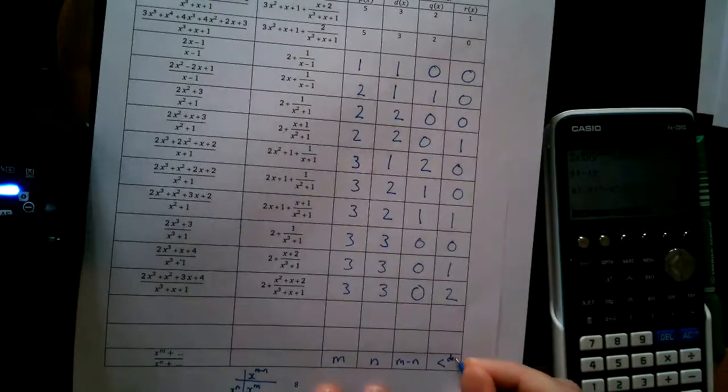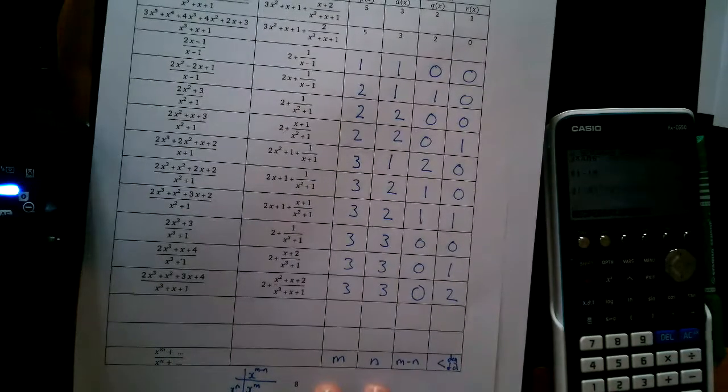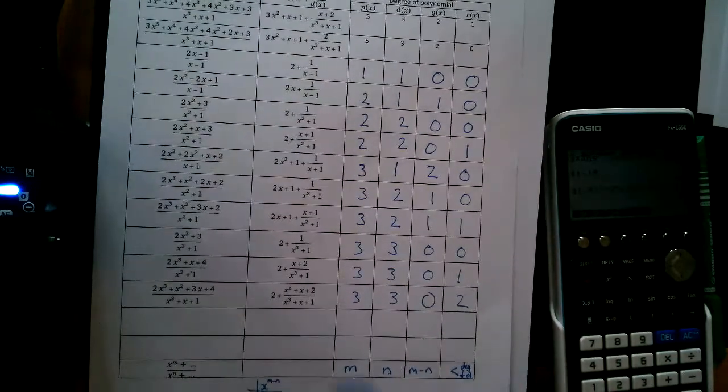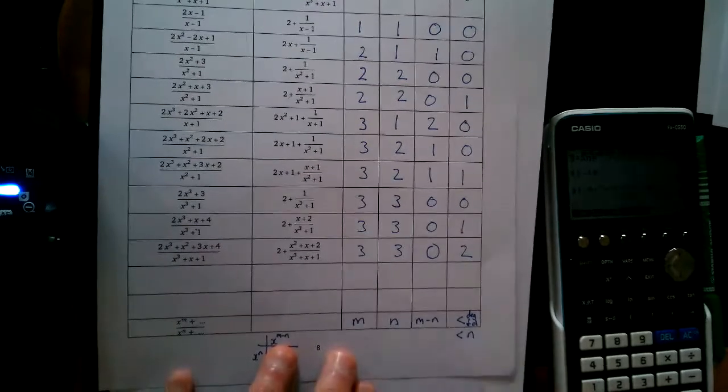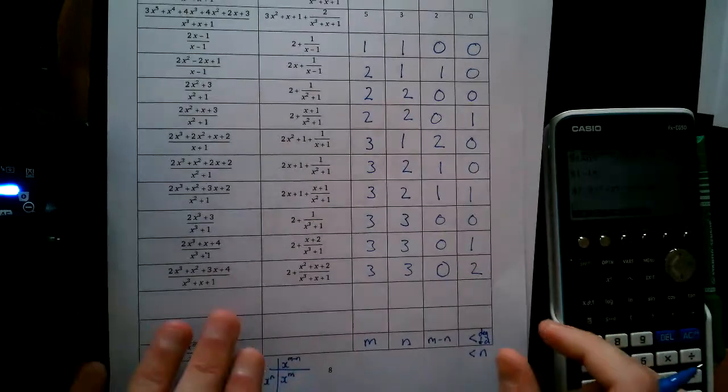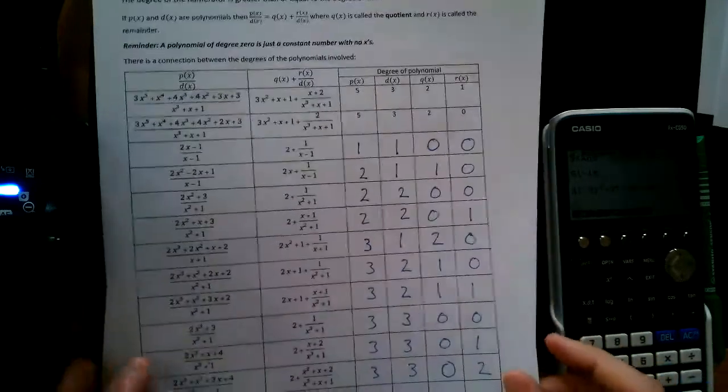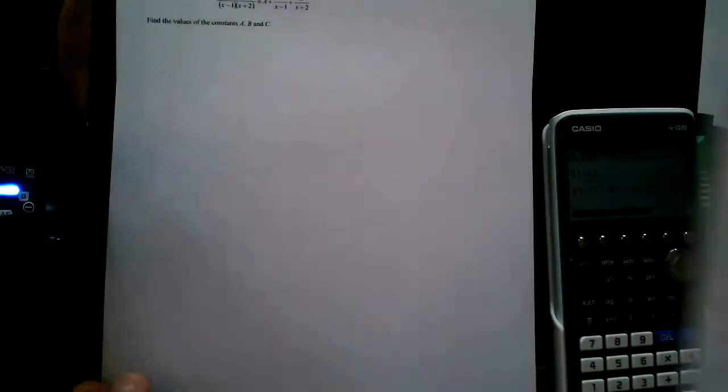The degree of d, we call n, so it's less than n. Don't worry, this bit's confusing. It's just getting you ready for when we do stuff like this.